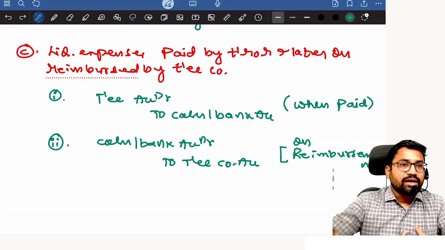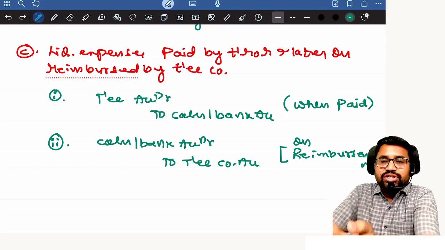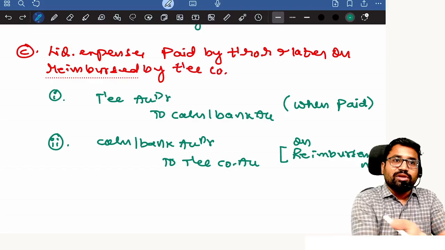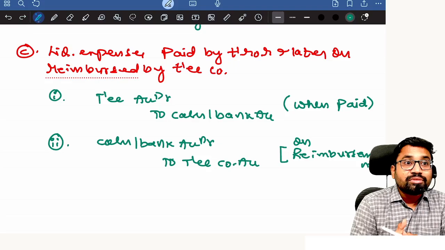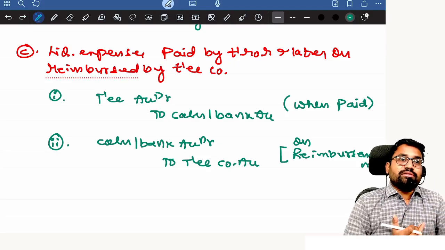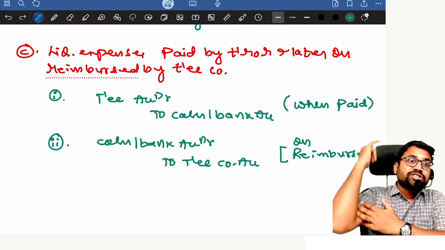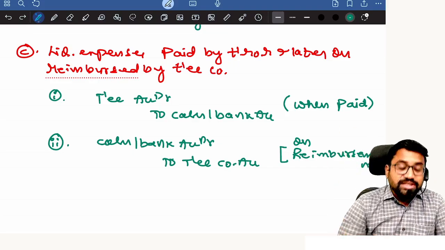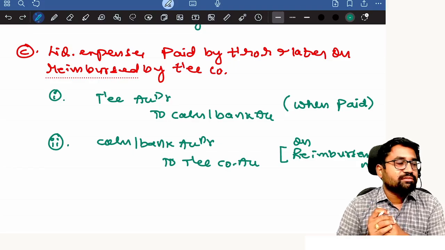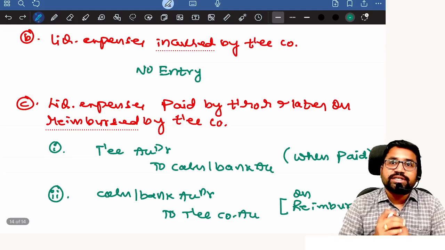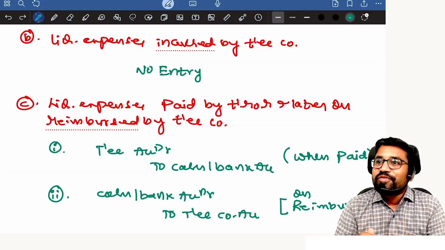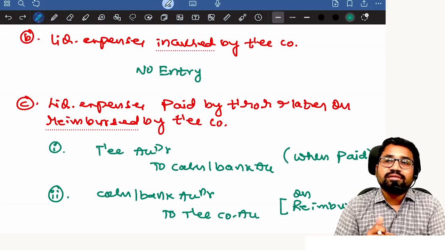So cash or bank credit. Whenever cash goes from your organization, cash or bank account will be credited. And you know this amount is going to be reimbursed by the transferee, therefore transferee account is debited. And later on when they actually pay, reverse the entry. That means in effect no entry has been passed. So what is the difference between case B and C? No difference, both are same ultimately.